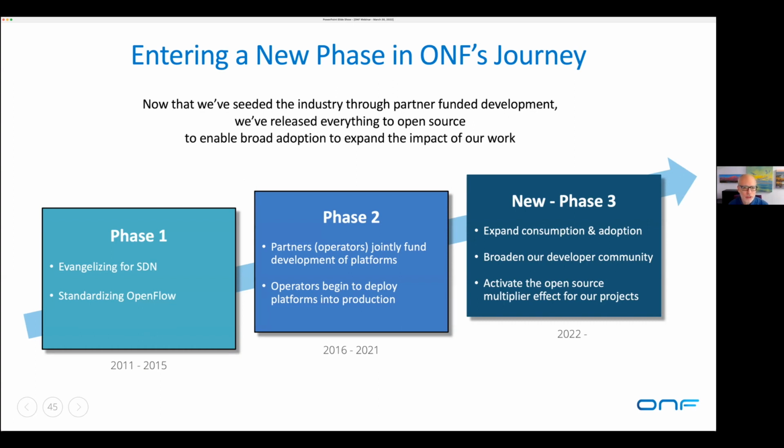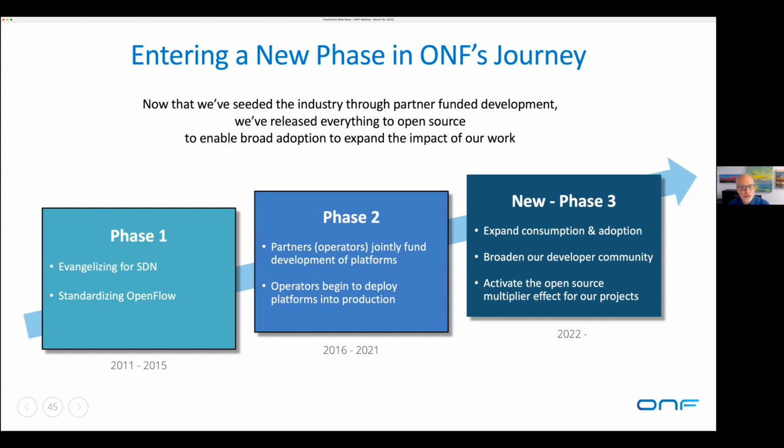And through this phase two, we worked with partners, largely operators, to jointly fund the development of our platforms, and you've seen the results of that here today, which have been truly remarkable. And then operators began to deploy these platforms into production, and again, you've seen a taste of that today.